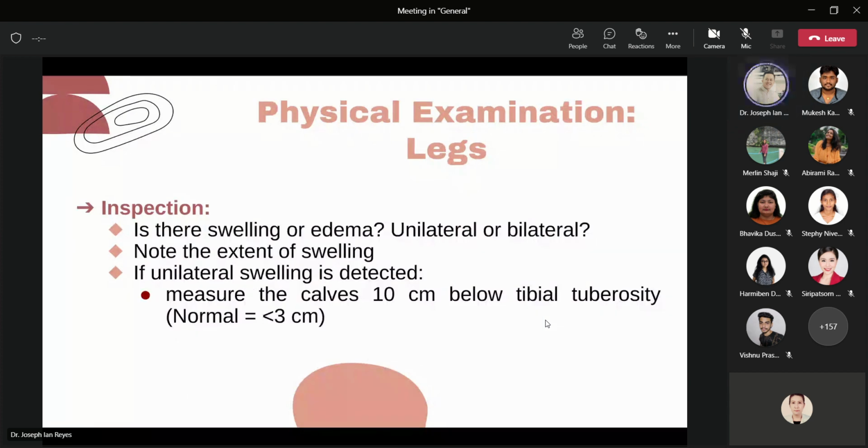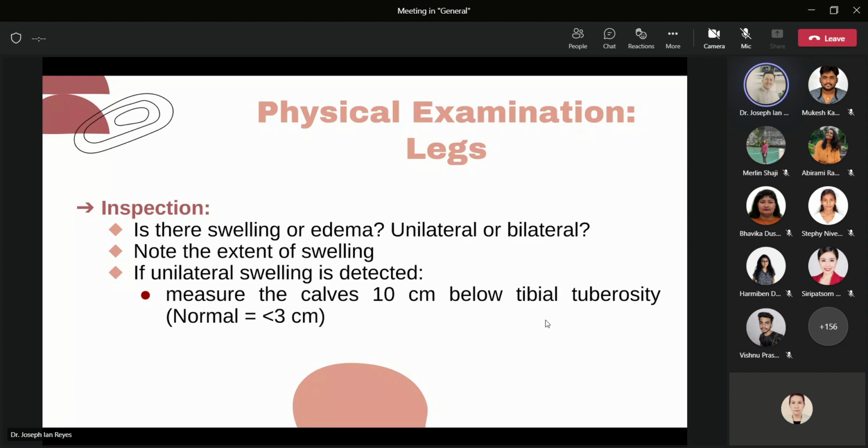Then, if you have swelling or edema, check if it is unilateral or bilateral. So note the extent of swelling. So if unilateral swelling is detected, you measure the calves 10 cm below the tibial tuberosity.